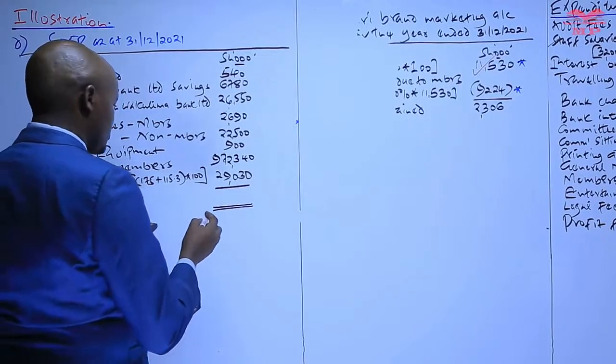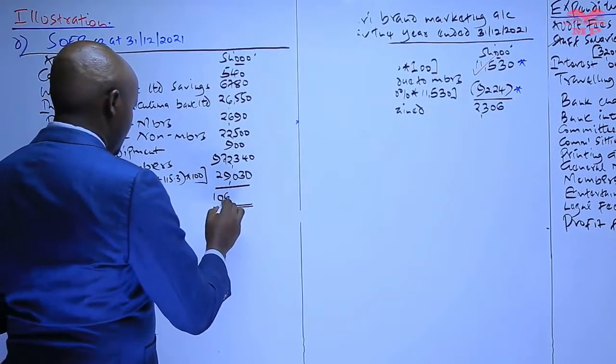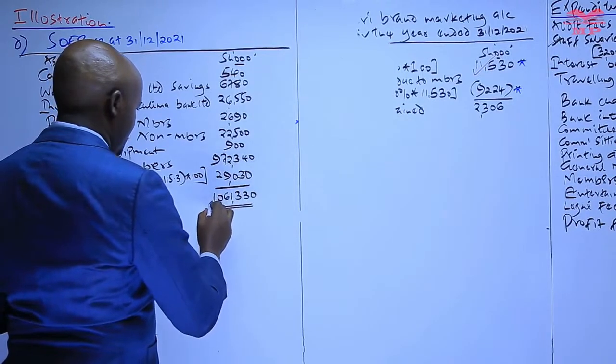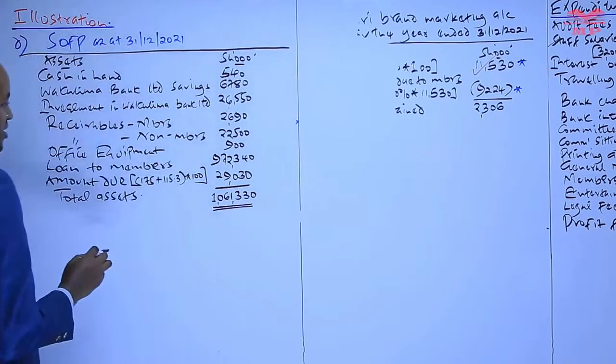Yes, that will give us a total figure here of 1,061,330. So those are the total assets.